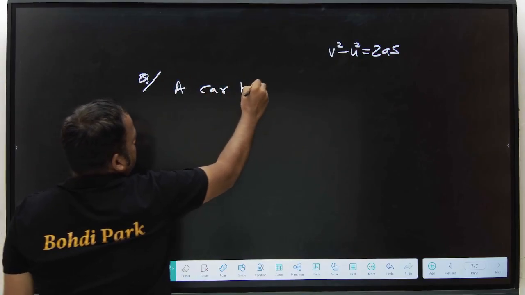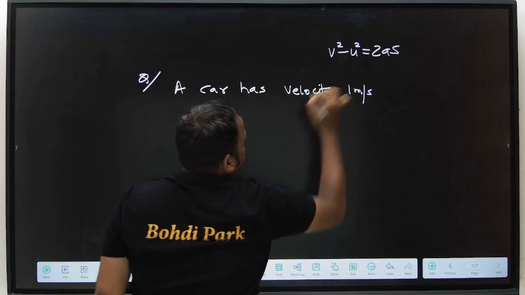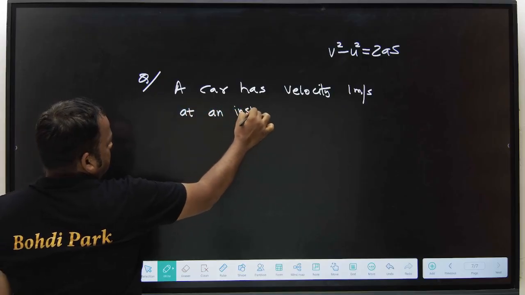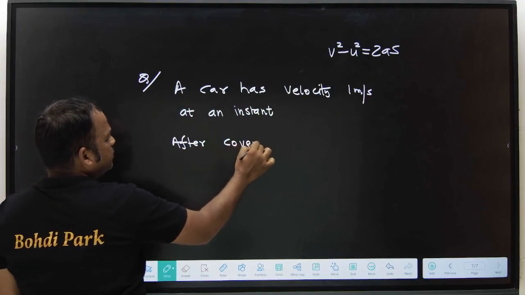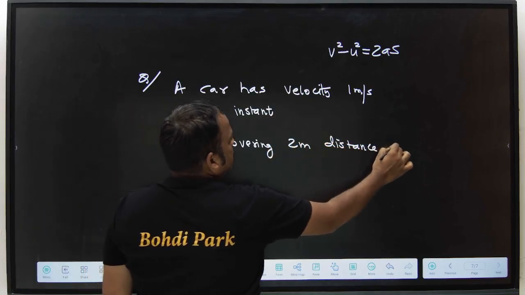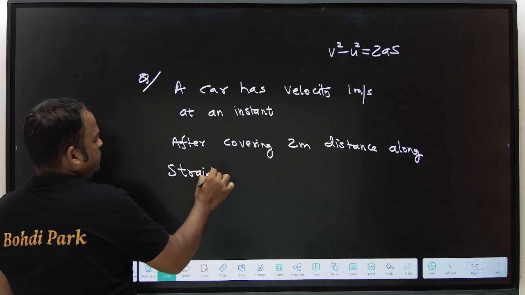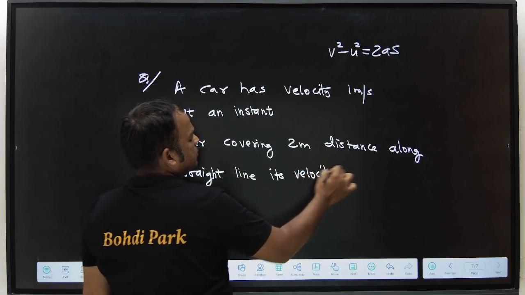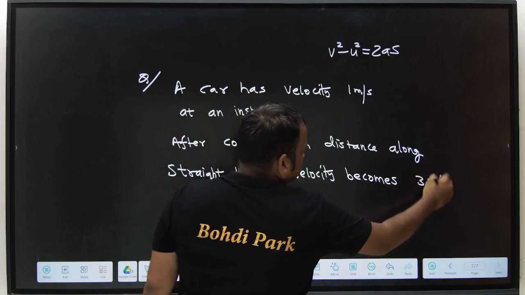A car has velocity 1 meter per second at an instant. After covering 2 meter distance along a straight line, its velocity becomes 3 meter per second.